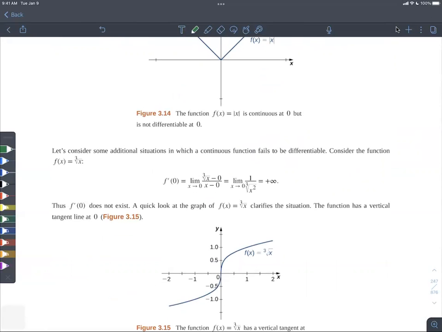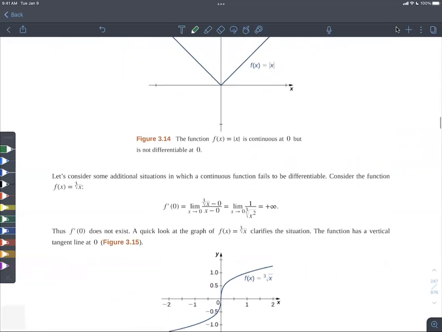Let's write it out. f prime of 0 is equal to the limit as x approaches 0 of f of x minus f of 0 over x minus 0. So the limit as x approaches 0 of the cube root of x minus the cube root of 0 over x minus 0.